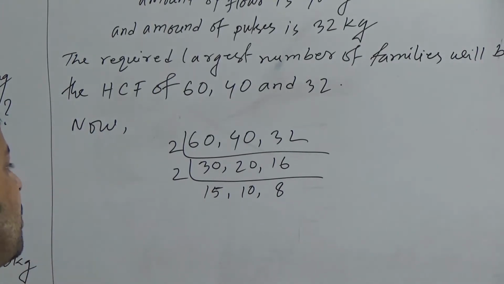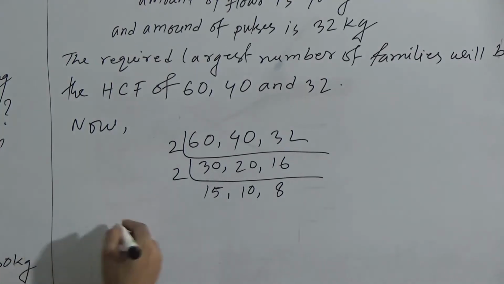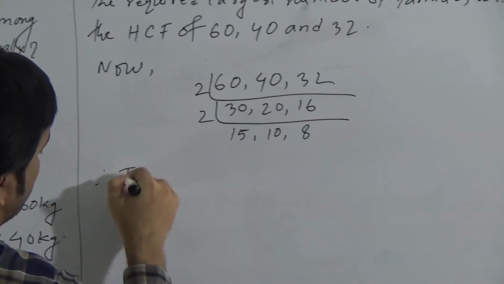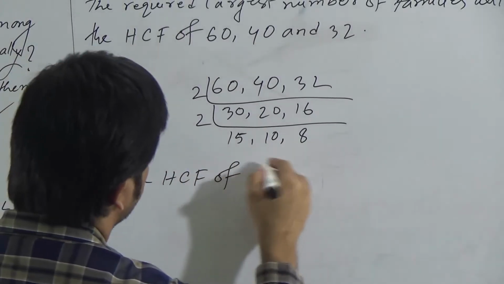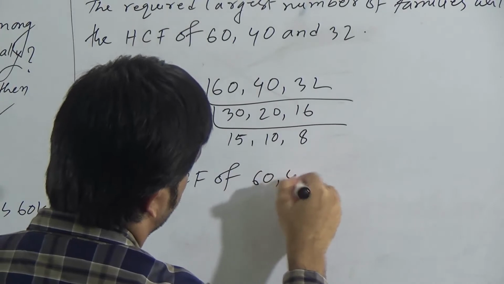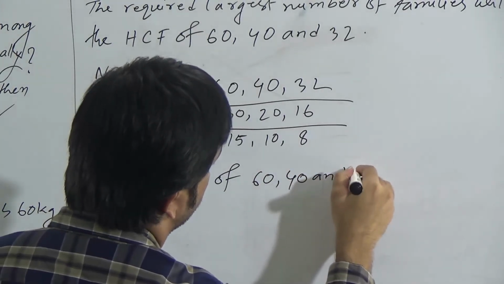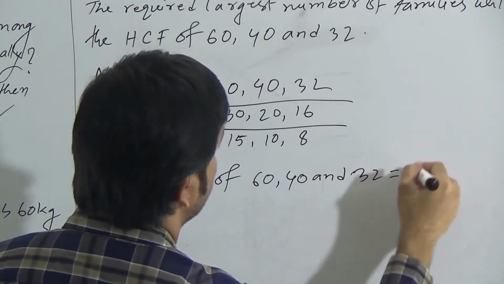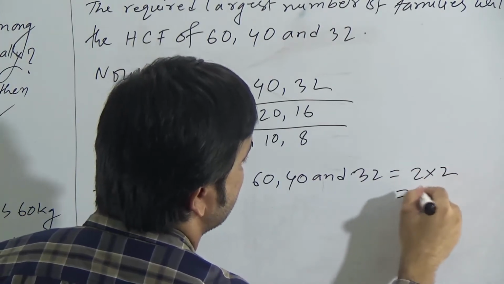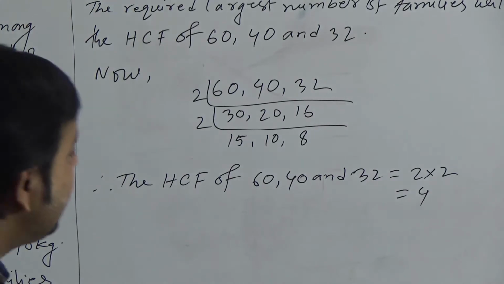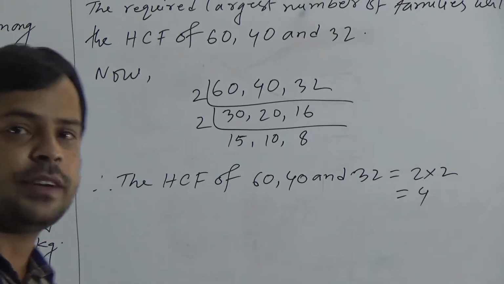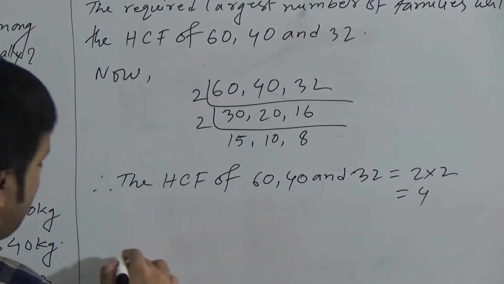So we can proceed. Therefore the HCF of 60, 40 and 32 equals the product of 2 and 2, which is 4.